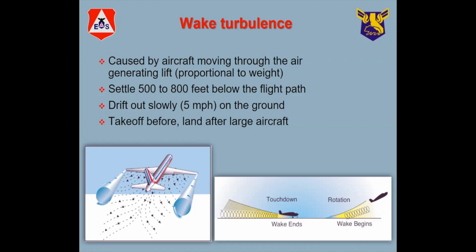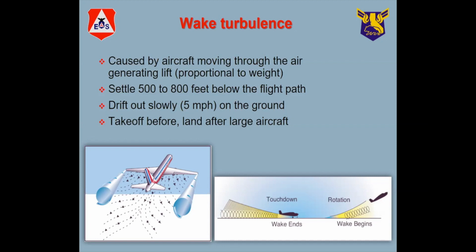So we want to make sure that when we're landing, we're not landing into an area that has, or taking off into an area that has, wake turbulence. These wakes can settle about 500 to 800 feet below the flight path.